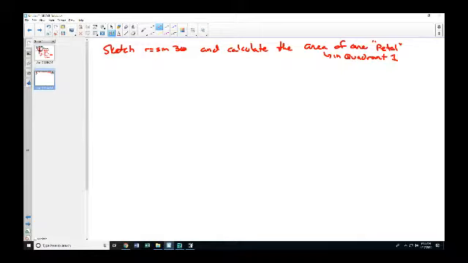No, this is where you have to be careful. This is not 3 sine theta. This is not a circle. This shape looks like this.